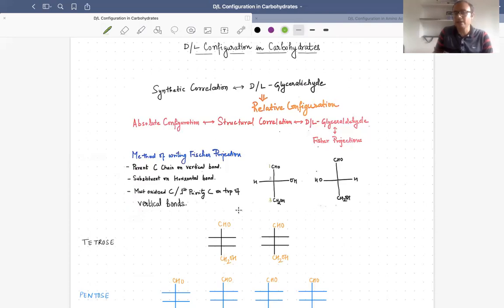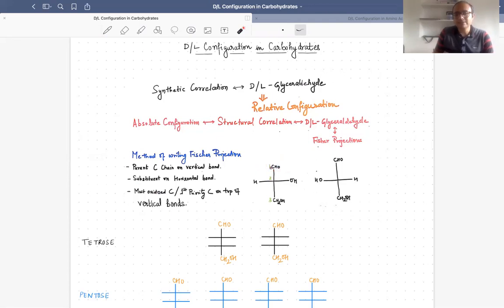So I have correctly placed the parent carbon chain on the vertical bond, and the first priority carbon I have placed on the top, or the most oxidized carbon. The first priority carbon is also the most oxidized carbon, and according to that also, it is on the top of the vertical bond.